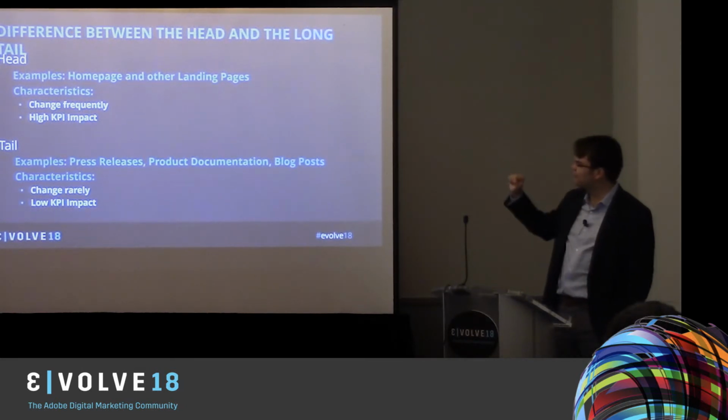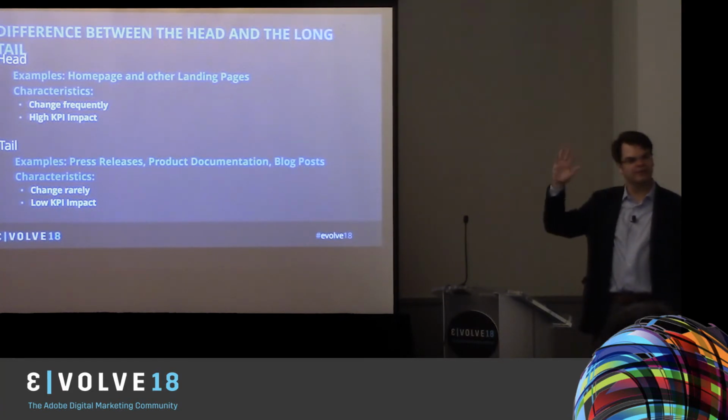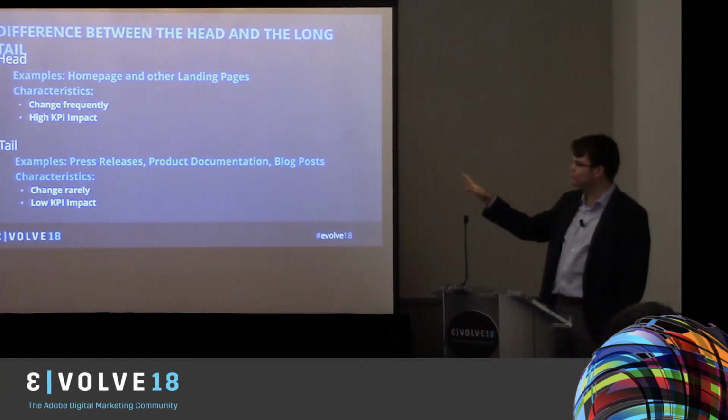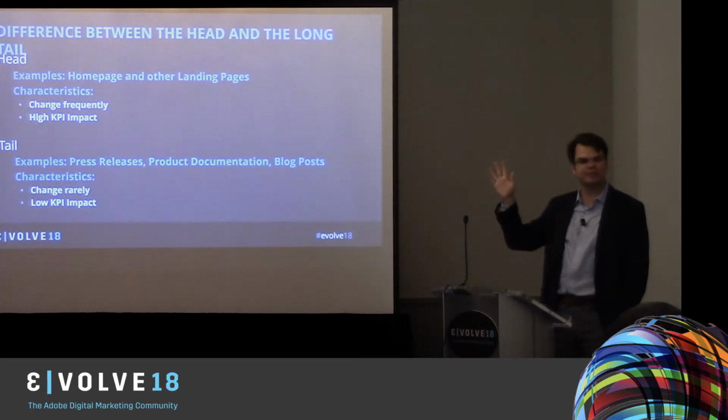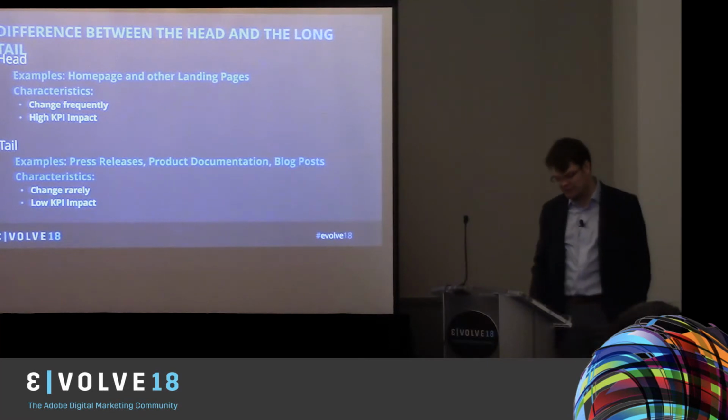And typically, the characteristics of pages that belong to the head and the tail are obvious. Oftentimes, pages that belong to the head change frequently. Pages that belong to the tail don't change as frequently, because if they don't generate as much revenue, it probably doesn't make as much sense to update them as often.